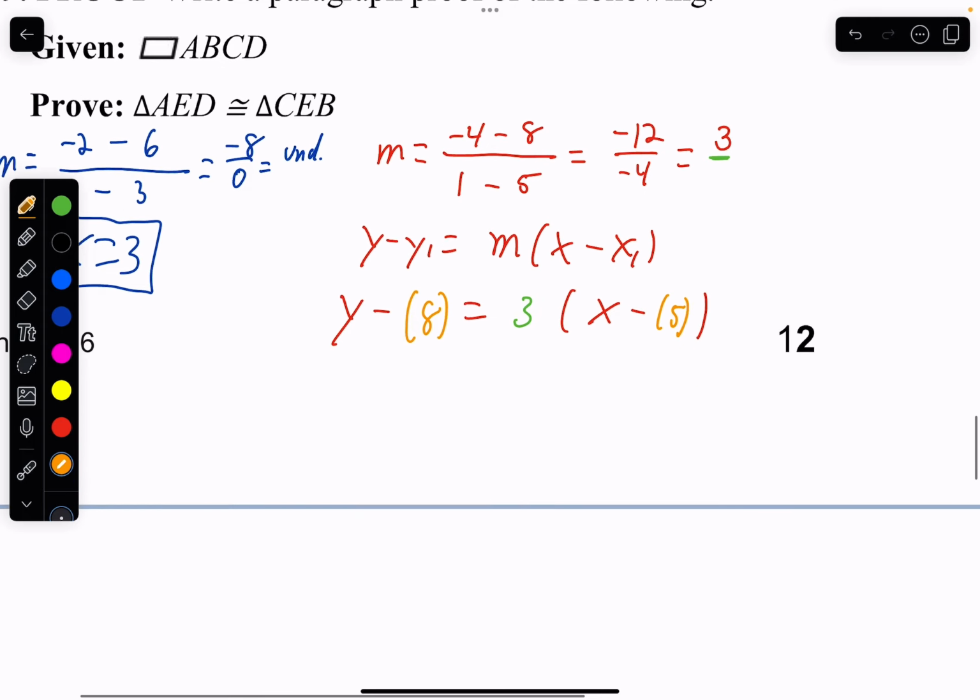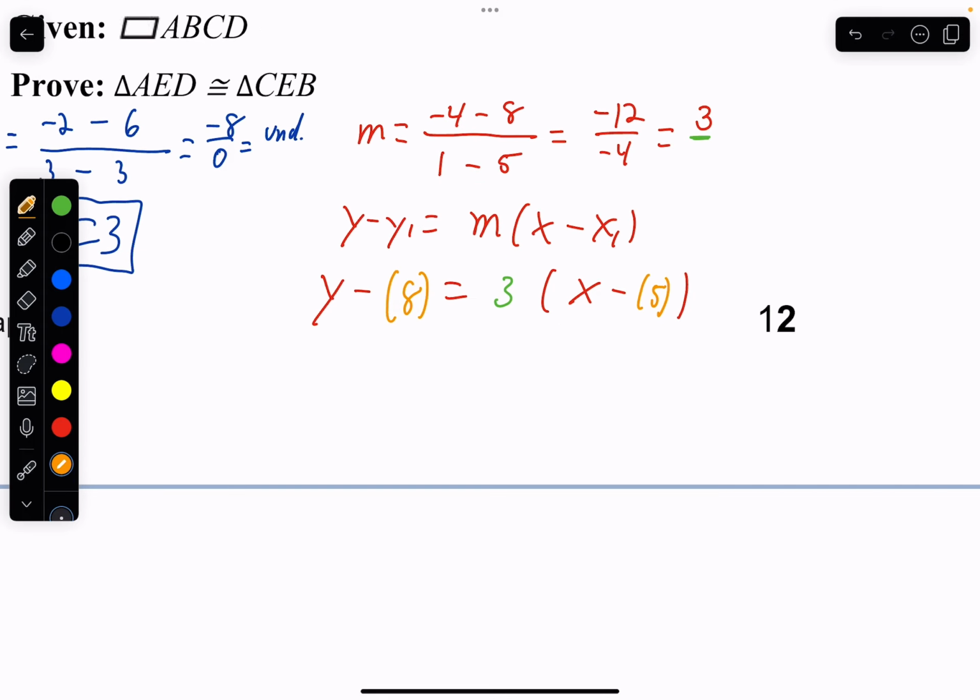And now if I want to change it into y equals mx plus b, we can definitely do that. We can do a little bit more algebra. Y minus 8 equals 3x minus 15.